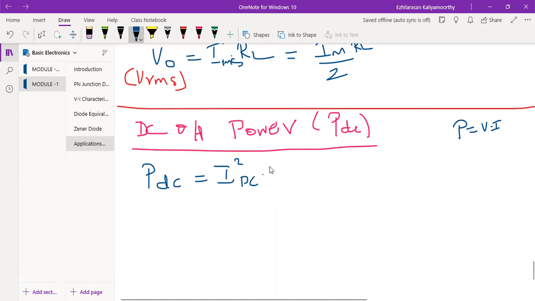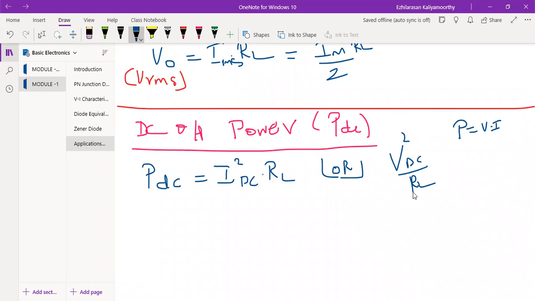Or you can use V square DC divided by RL, or you can use VDC into IDC also. Any formula you can use. I will use I square DC into RL, because already we know the IDC value.